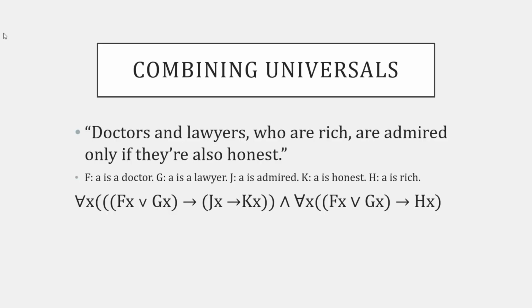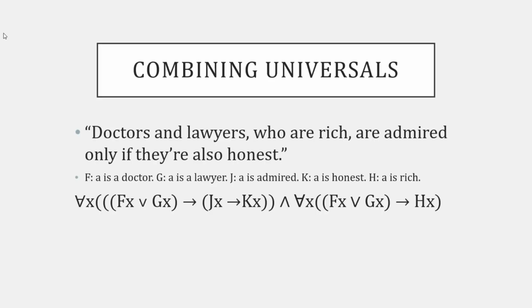We talked about this last time because we want the scope to include things that are doctors and things that are lawyers. So if anything is a doctor or a lawyer, then it has this property that they're admired only if they're honest, which is to say, if they are admired, then they're honest.